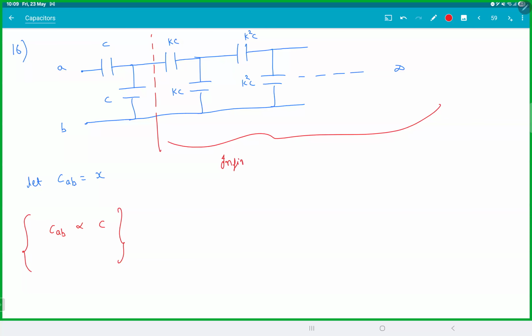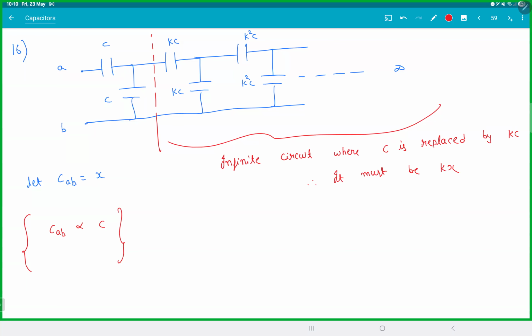This entire infinite circuit is similar, where C is replaced by KC. Therefore, this entire section must be K into X.